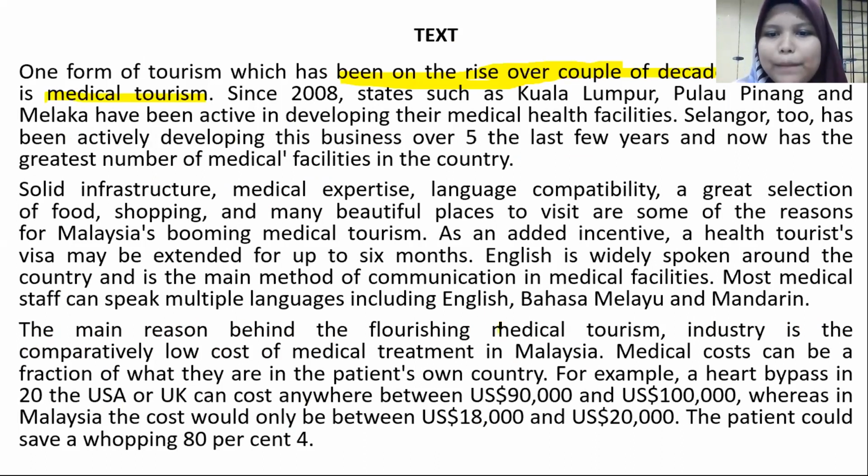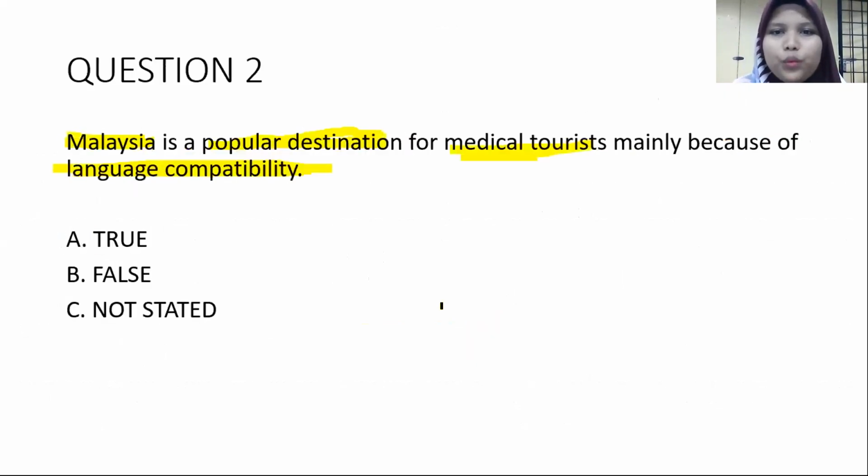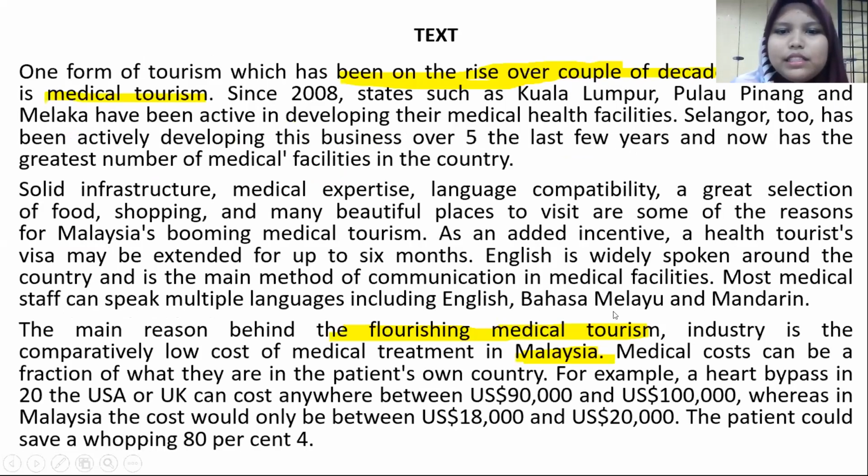It is medical tourism, Malaysia, and flourishing medical tourism has shared the same meaning with popular destination, which is being a tourist choice. So we have to read the sentence really carefully. The main reason behind the flourishing medical tourism industry is the comparatively low cost of medical treatment.